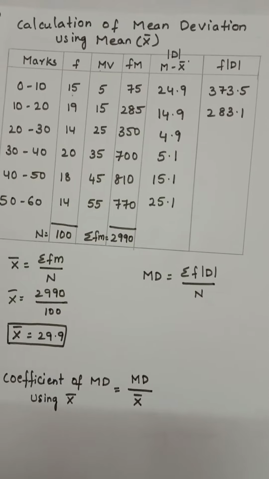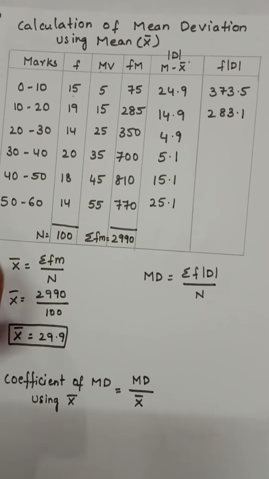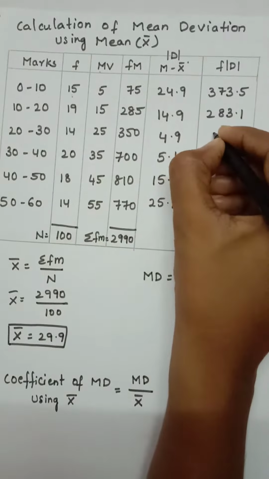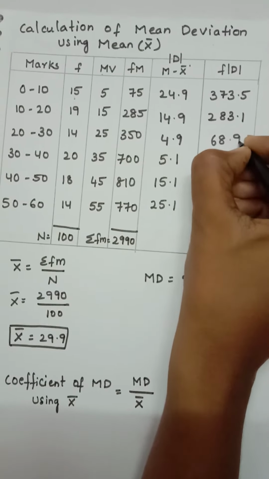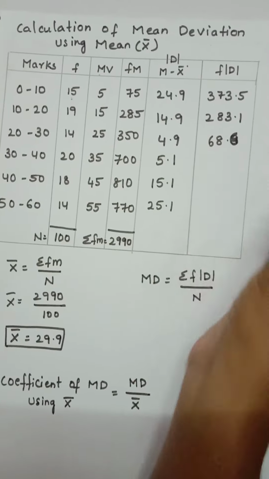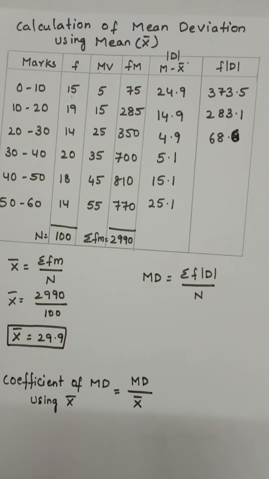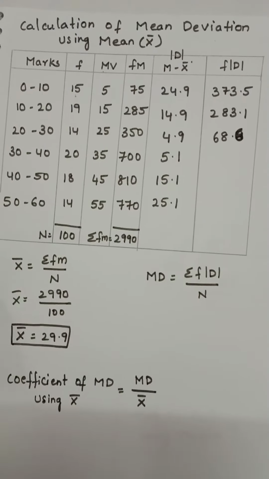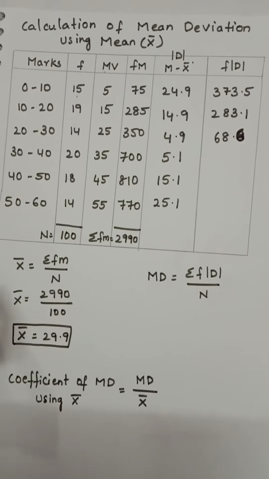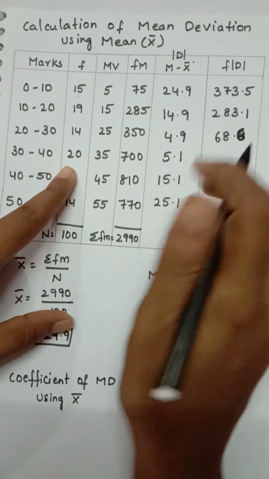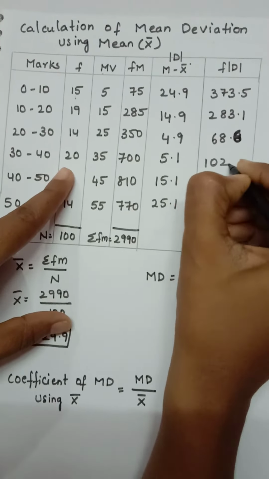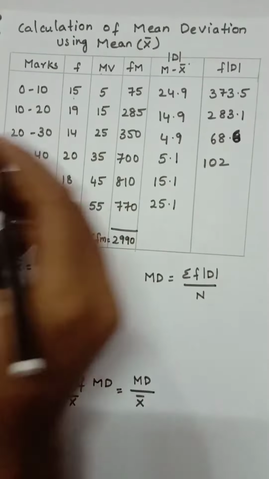Next 14 into 4.9 is 68.6. Next 20 into 5.1 is 102.